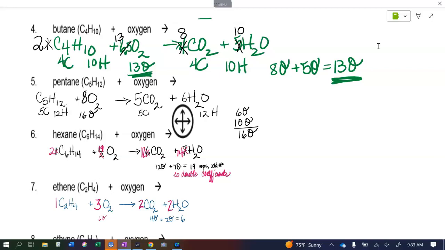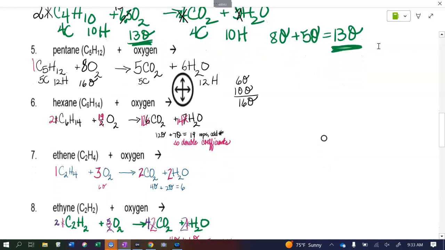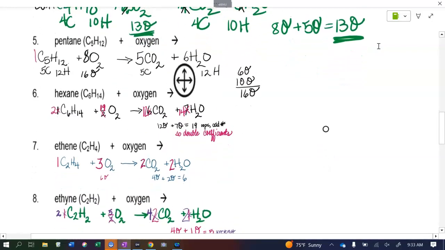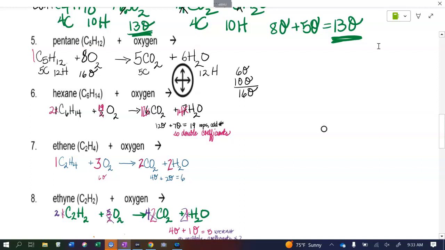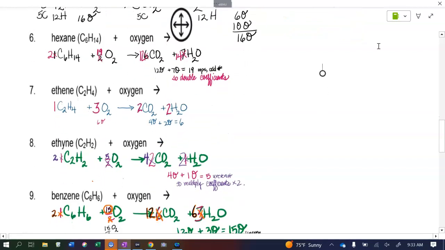For pentane, the coefficients are 1, 8, 5, and 6. Hexane, the fuel, combusts. The coefficients are 2, 19, 12, and 14. Monster coefficients, right? Then ethene was 1, 3, 2, and 2.